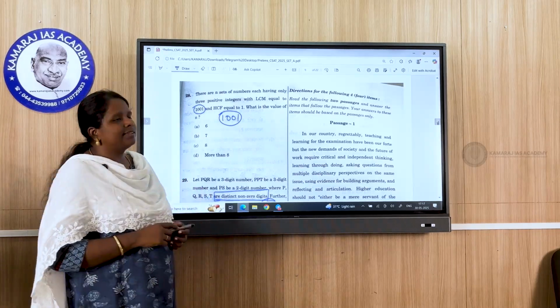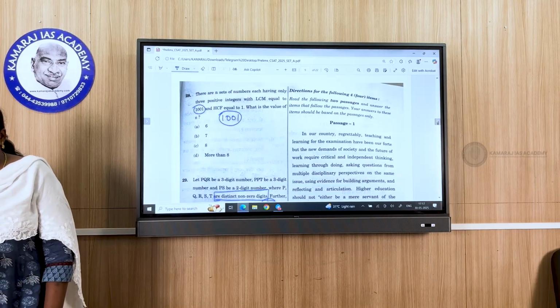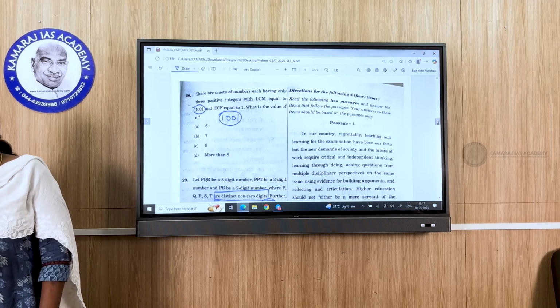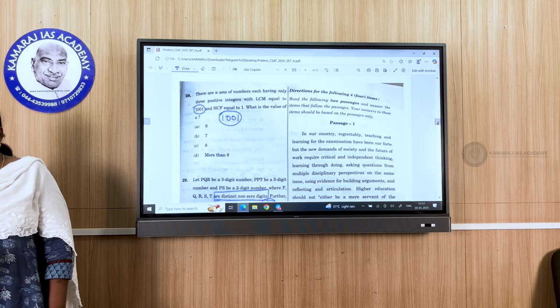So there are n sets of numbers, each having only 3 positive integers with LCM equal to 1001 and HCF equal to 1. And what is the value of n here?